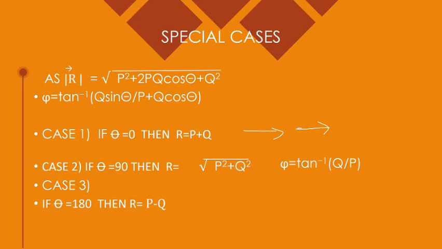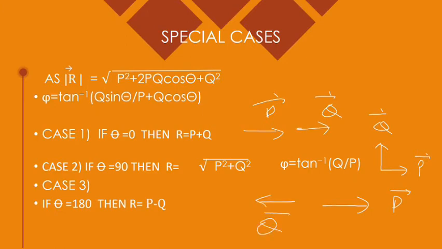Then you can find the value of the magnitude of R. And if they are perpendicular, if this is the p vector and this I am saying is the q vector, that is the second case: p vector and q vector are perpendicular. And the third case is when p vector and q vector are moving in opposite directions. Three cases we have to take, so let us take them one by one.